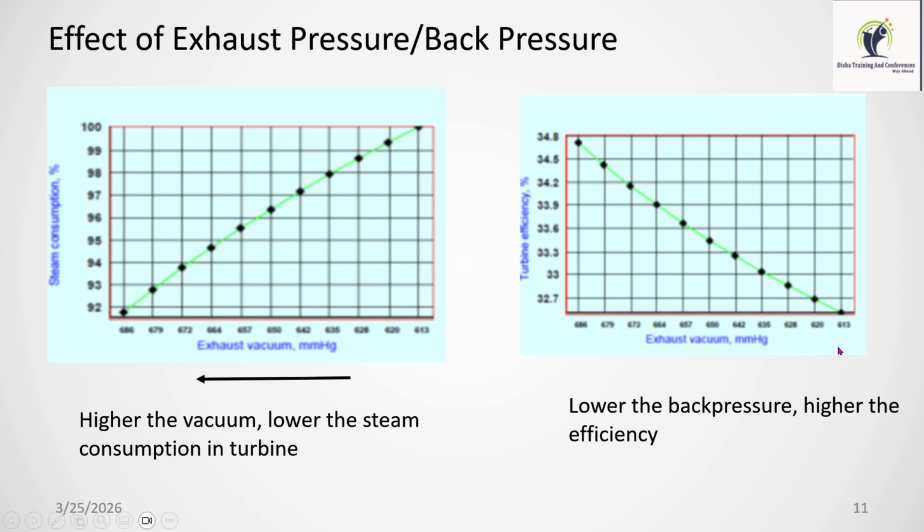Similarly, the efficiency for 0.13 exhaust pressure was around 32.5, and now the efficiency has increased due to the lower pressure to 34.8, around 1.2% efficiency increase due to bringing down the back pressure.